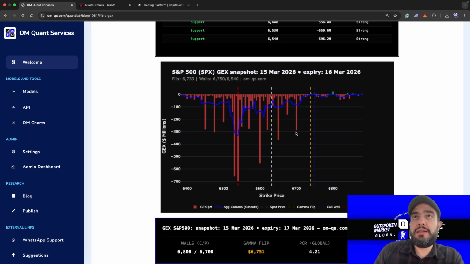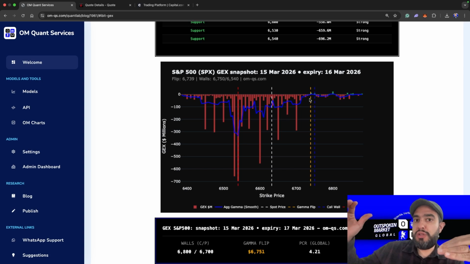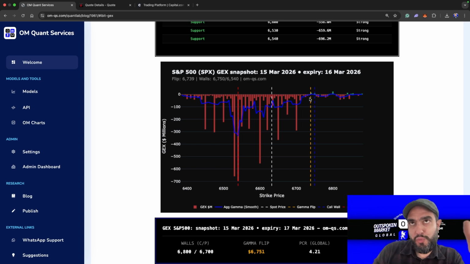Since it's one of the biggest gamma bars, it will stop around for a little bit, and eventually it will accelerate if it's broken towards the gamma flip, which happens at 6,739. Here the gamma flip will be a resistance because we are coming from the bottom to the top relative to where we are at the moment.